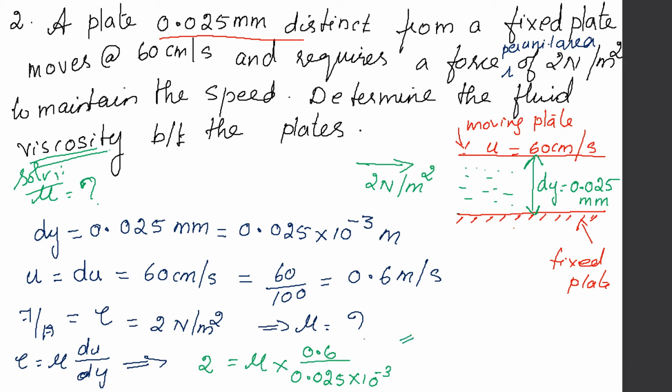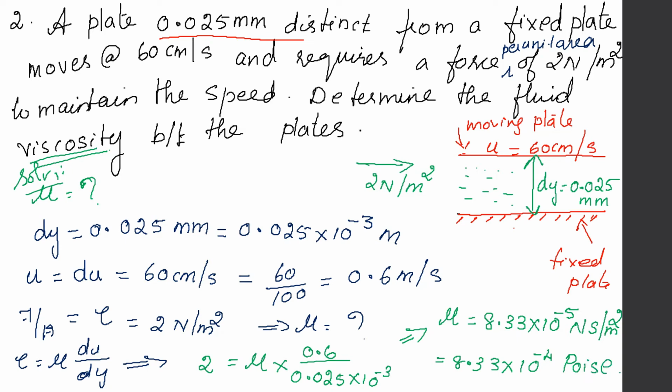So from this you get mu is equal to 8.33 into 10 raised to minus 5 Newton second per meter square, and that is nothing but 8.33 into 10 raised to minus 4 poise.